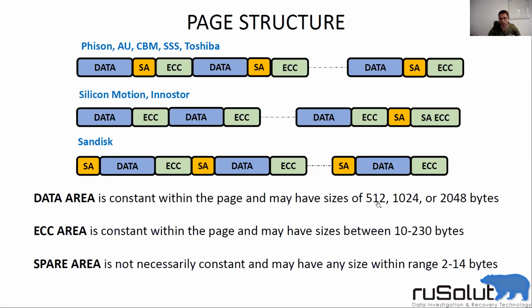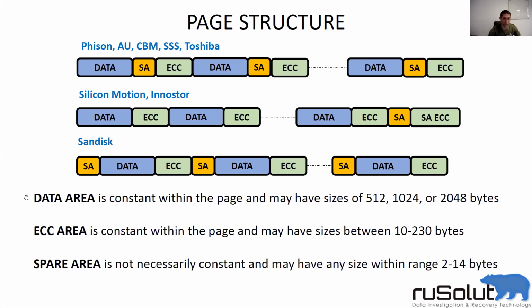The first one is 512 bytes. It's typical for quite old devices. Next one is 1024 bytes. It's kind of standard for now. And 2048 bytes. This size is typical for SanDisk controllers. So those are the sizes you should remember.